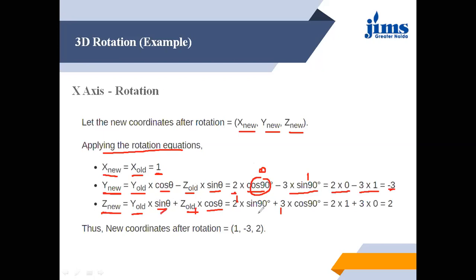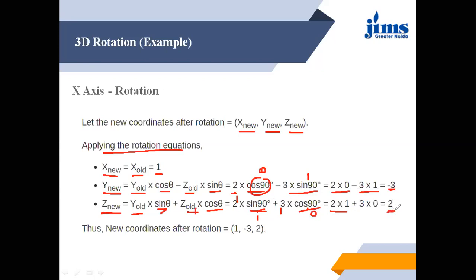Sin theta means sin 90 and cos theta means cos 90. Sin 90 is 1. So 2 multiplied by 1 is 2 and cos 90 is 0, so 3 into 0 is 0. So this is equal to 2.